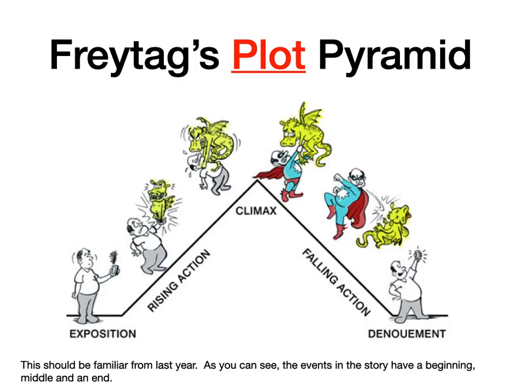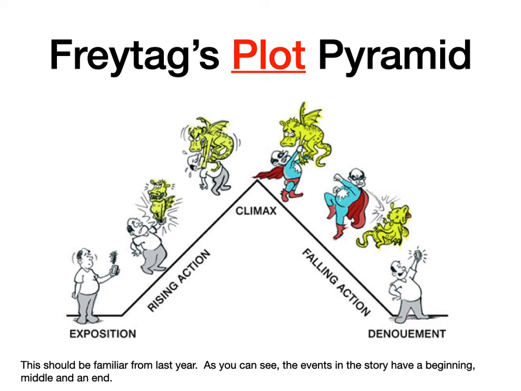So, plot is often discussed by referring to Freytag's plot pyramid. When we look at the plot of a story, we're really mapping the excitement of the story. How exciting is it? The start of the story can be called a number of things, such as exposition or orientation.